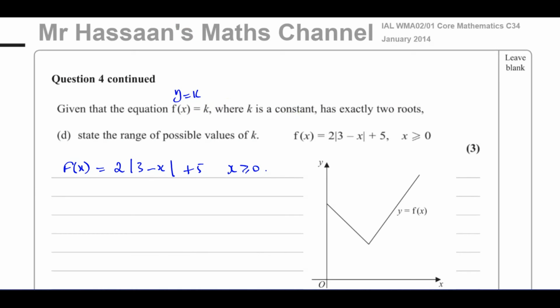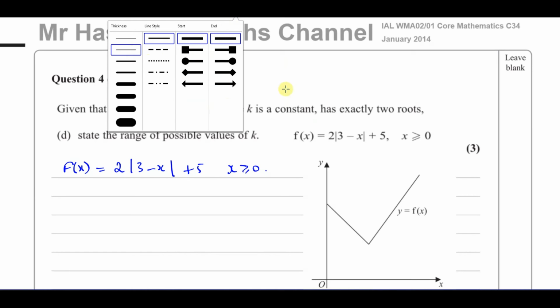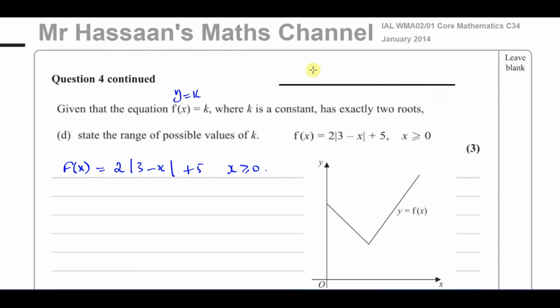K is a constant. That means y equals k is basically just a line which is horizontal. Okay, like this. So if we take a horizontal line on this graph and we put it in different places, if it's down here below the vertex of this, there will be no roots.